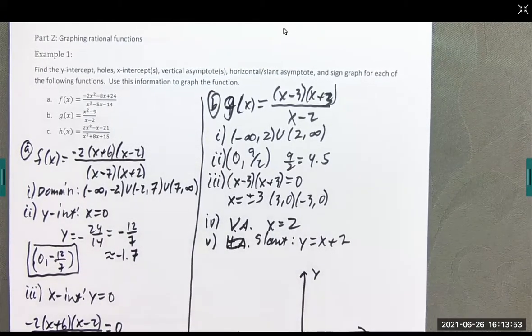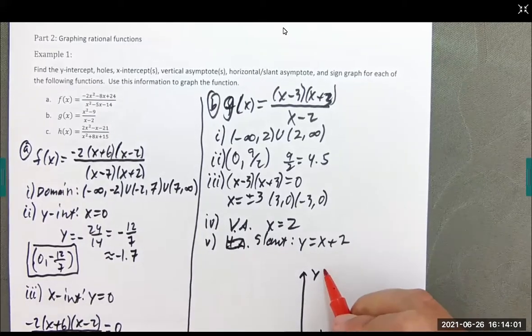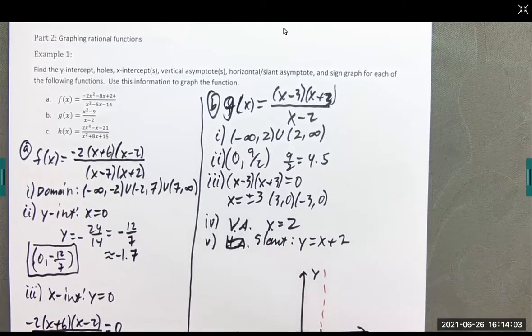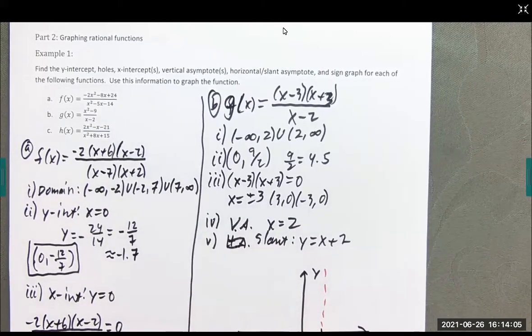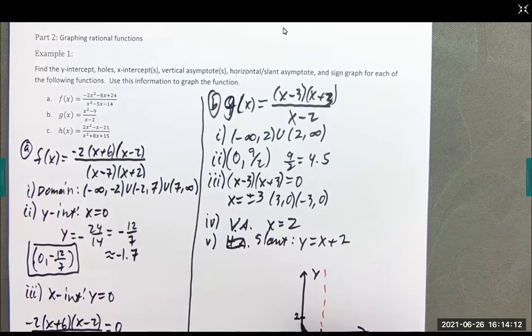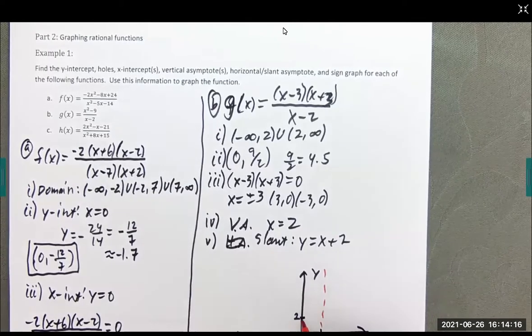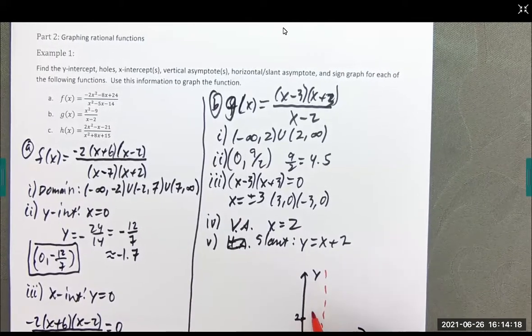So let's start with the asymptotes. Vertical asymptote at x equals 2. We have a slant asymptote at y equals x plus 2. So that's looking to me like we're going to have a point here and a point about right there.